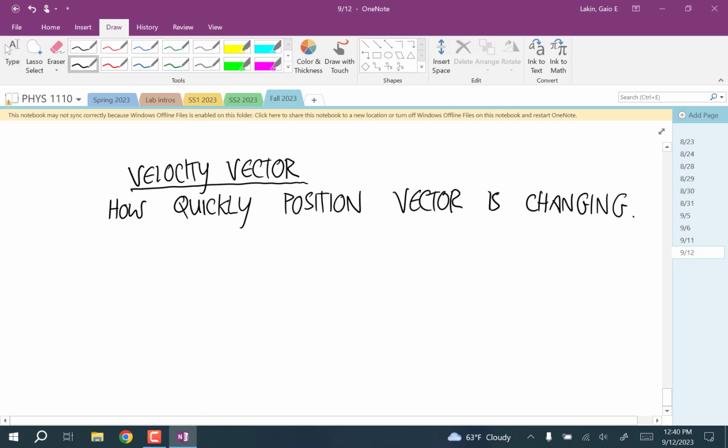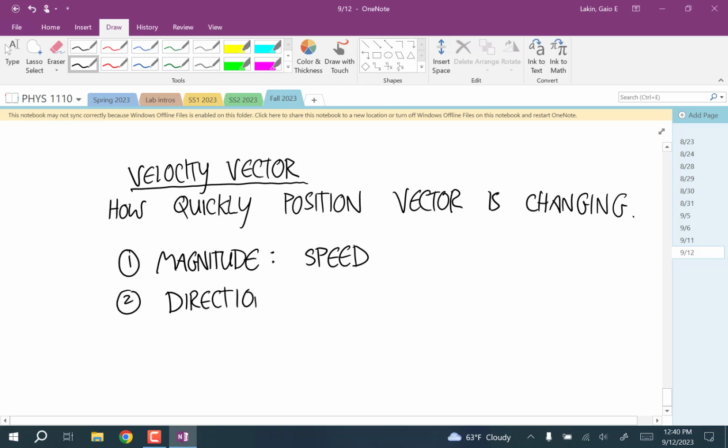So the velocity vector, you sort of want to think of this as two separate things, and we talked about it this way in 1D also. The absolute value of the velocity was the speed, and the sign of the velocity told you the direction, okay? The magnitude of the velocity vector, the length of that arrow, is the speed. And the direction where that arrow is pointing is the direction the object is moving at that instant.